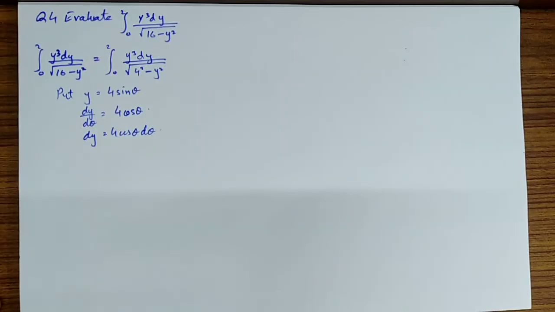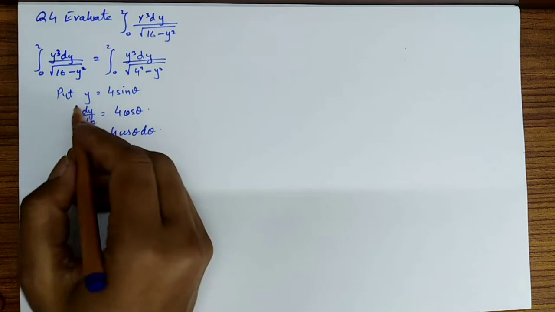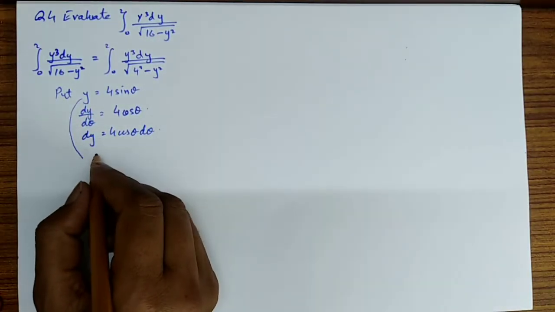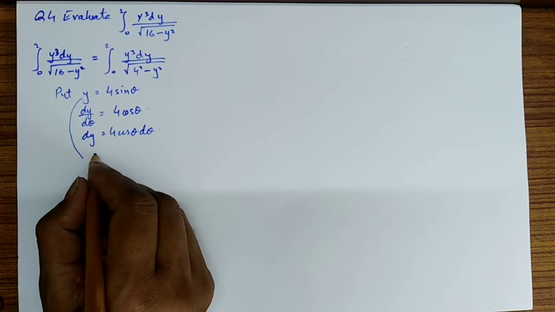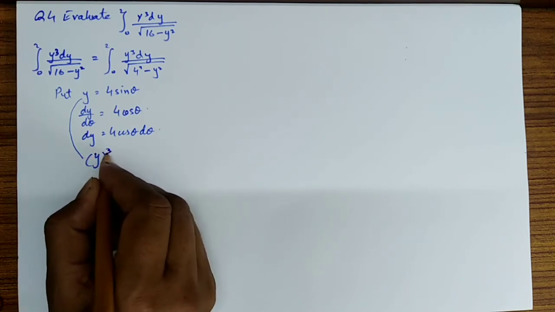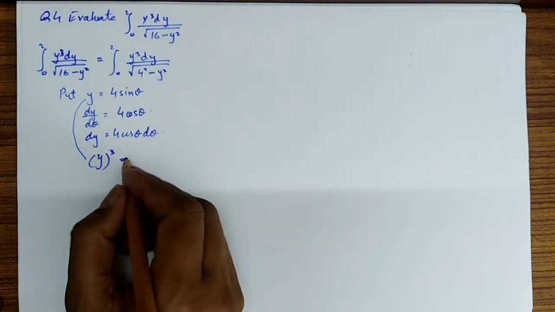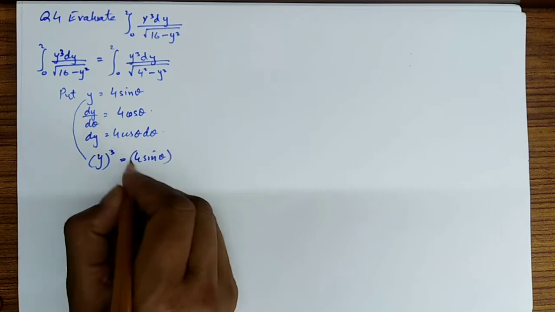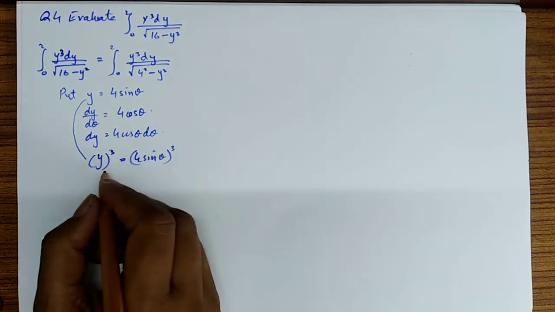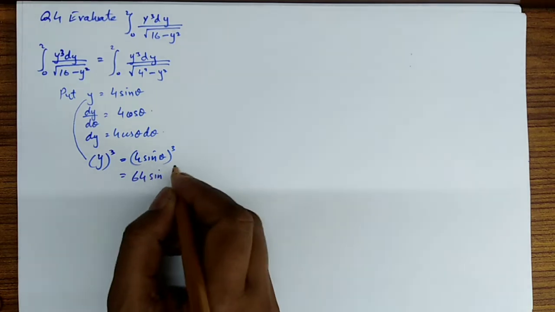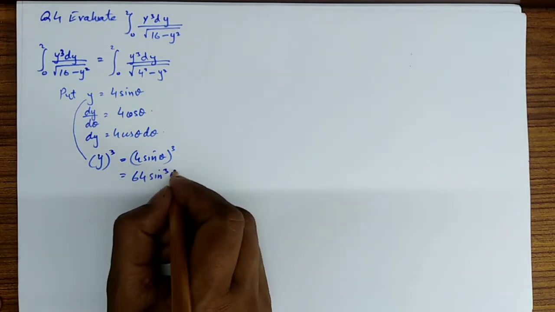Okay, now we know that y is equal to 4 sine theta. If we take the cube on both sides, this will give us 4 sine theta whole cube, which gives 64 sine cube of theta.